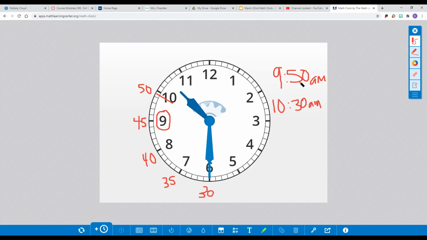So 5, 10, 15, 20, 25, 30, 35, 40. So then it would be 40 minutes. You could also do 10:30 minus 9:50. You can solve this multiple different ways.